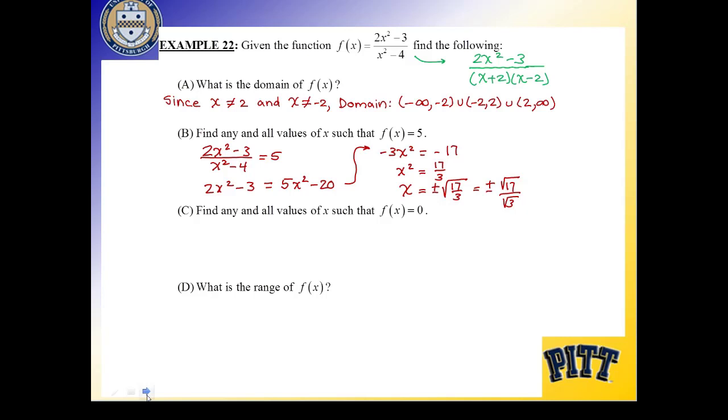Now, for me, that's an acceptable answer, but for some textbooks, and if you're looking at an answer key, or an answer you may have gotten online, they may not present it that way. Even if I'm writing the square root of a fraction, that means the denominator is ultimately being square rooted, and we do not like having irrational numbers in a denominator.